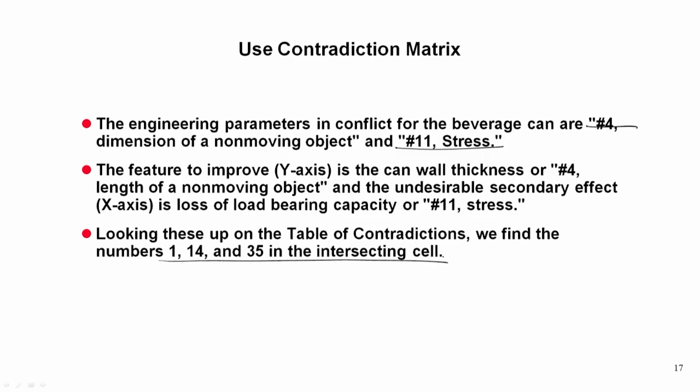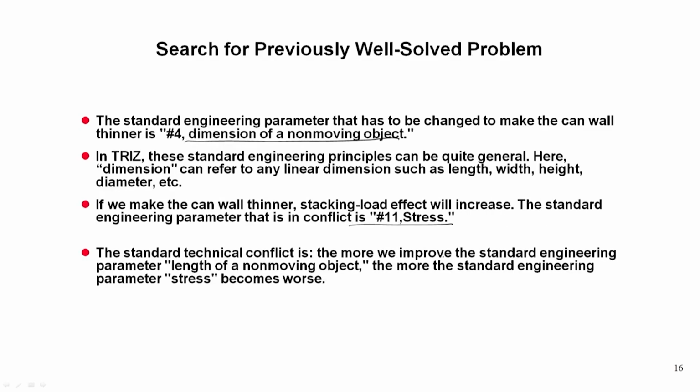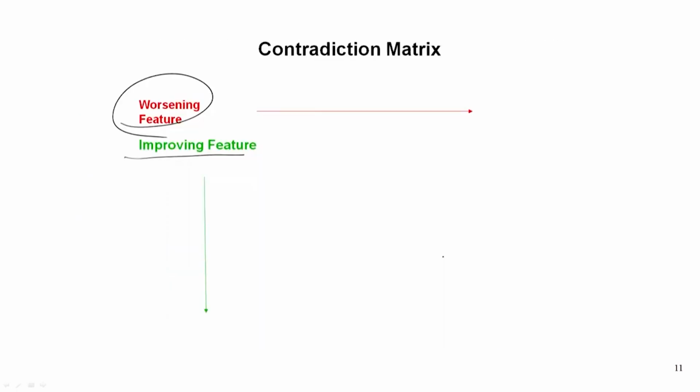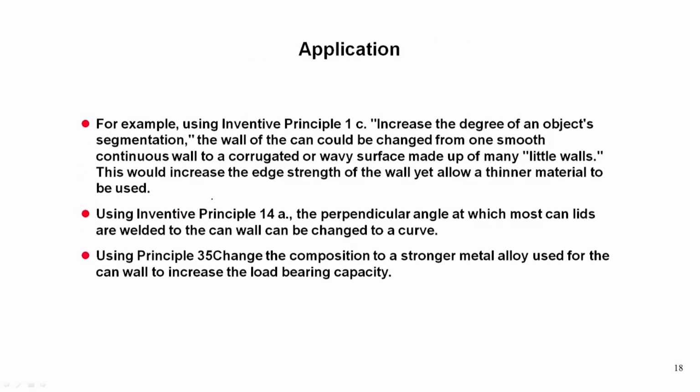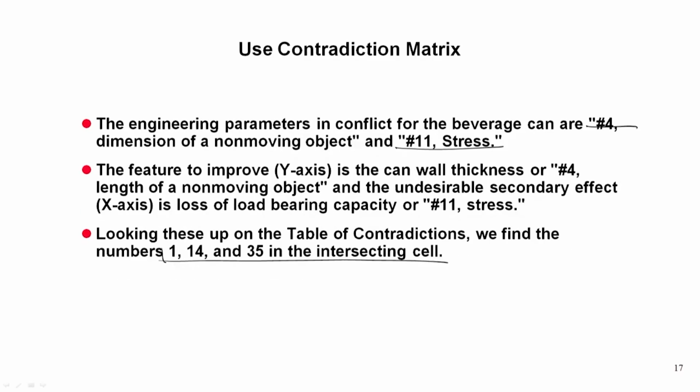Keep in mind that the contradiction is between the thickness of the system, technical contradiction number 4, and versus 11, the stress. If you go back a little towards those numbers, you see it is basically the dimension of a static object versus 11, that is, stress or pressure. That was our contradiction, and I told you that 1, 14 and 35 are the principles that people have already used to solve the problem.